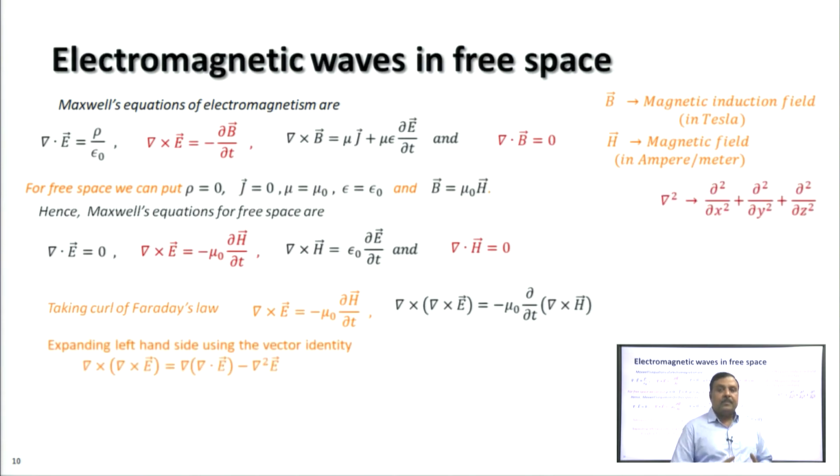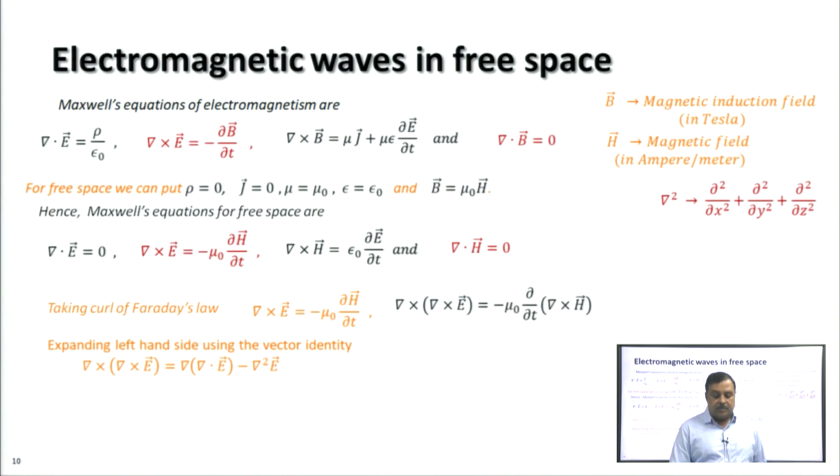and curl of electric field. You can expand this by using a vector identity. Curl curl E equal to gradient divergence of electric field minus del square E. So, what is this operator del square? This is written on the right hand side of the slide.